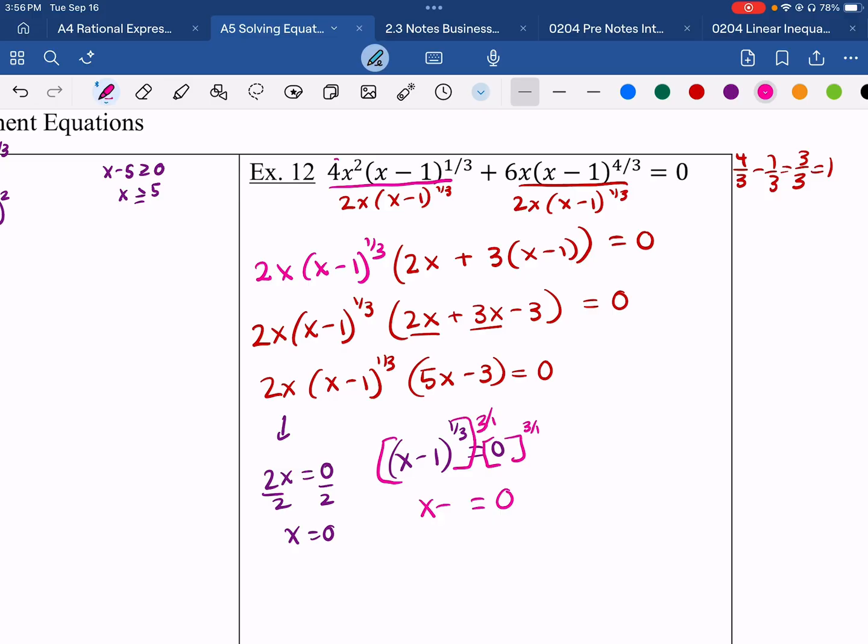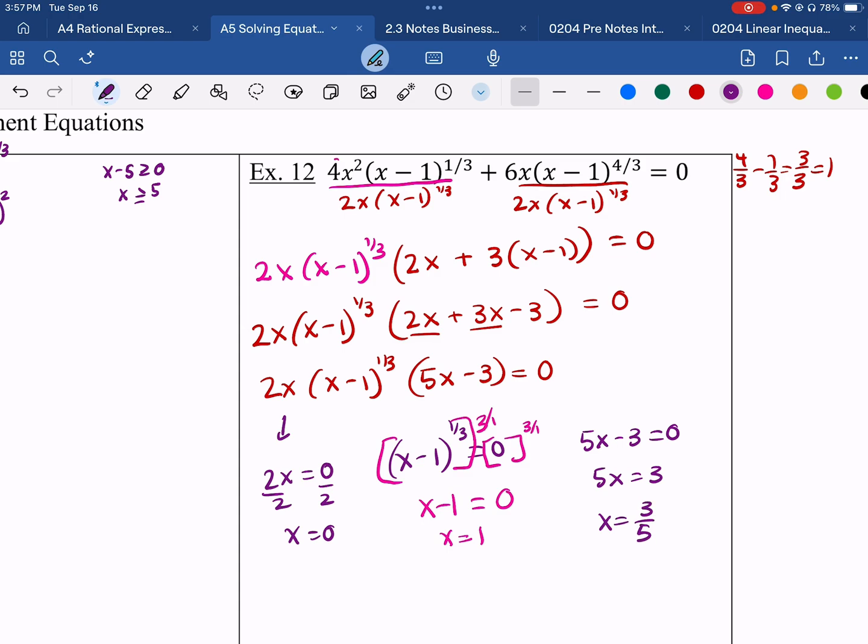That's x minus 1. Add 1. X equals 1. What's my other one? 5x minus 3 equals 0. Add 3. Divide by 5. I get 3/5.